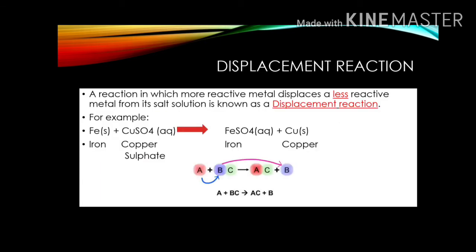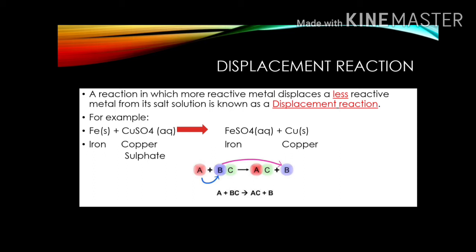Now this is displacement reaction, a reaction in which a more reactive metal displaces a less reactive metal from its salt solution is known as displacement reaction. The example, Fe plus CuSO4. That means iron is in solid form and copper sulfate is in aqueous form.